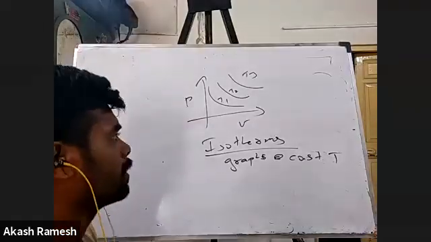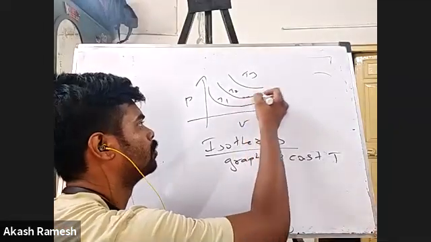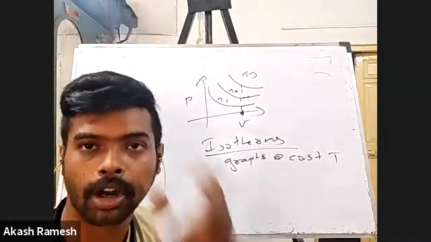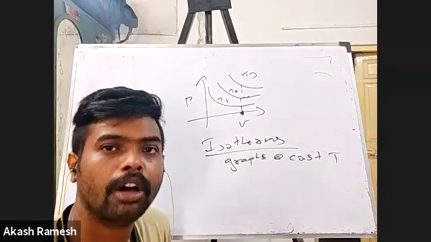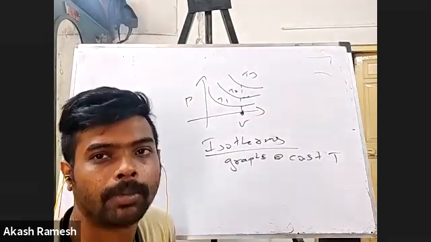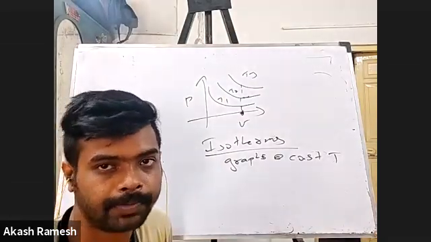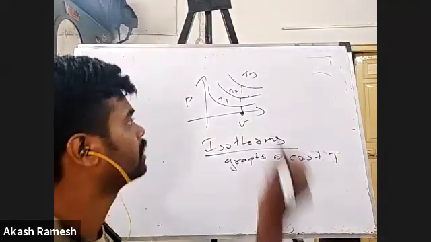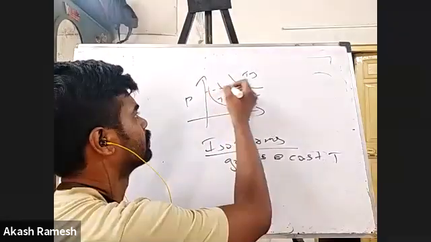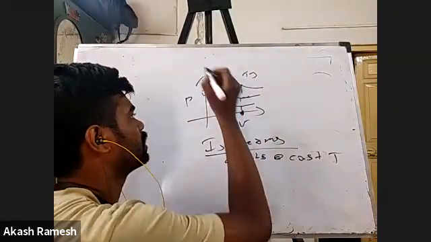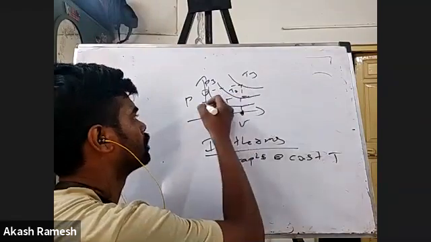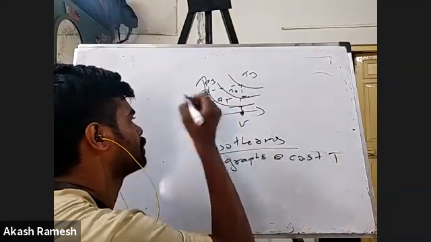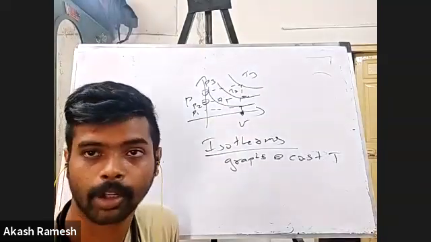I take one particular volume, a common volume for all the isotherms, the 3 different graphs, and I see what the pressures are. Say for T3 the pressure is P3, for T2 the pressure is P2, and for T1 the pressure is P1.